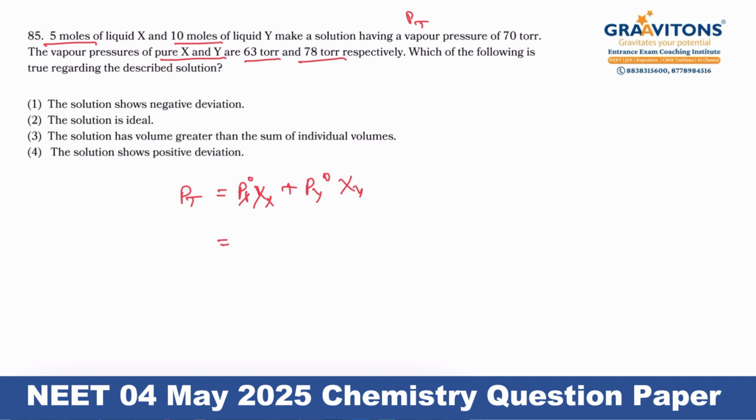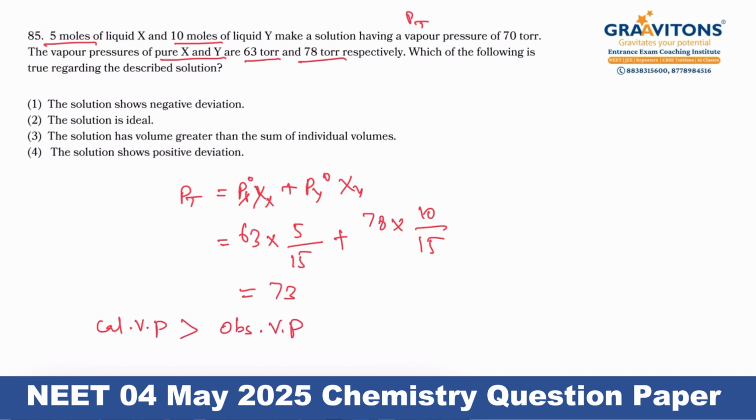So PX naught is 63 into the mole fraction, number of moles of X is 5 here, and total is 10 plus 5, 15. And here PY naught is 78 into 10 divided by 15. So when you solve that, you will have an answer of around 73. Here you can find the calculated vapor pressure is much greater than the observed vapor pressure, and hence the vapor pressure gets decreased and shows negative deviation. So the correct answer here would be the first one.